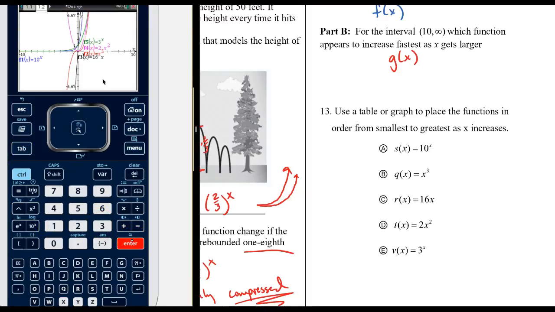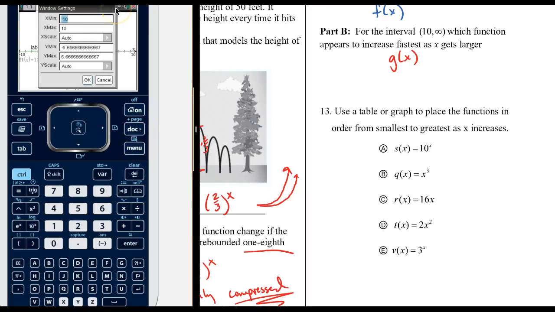And those are really difficult to see, so I'm actually going to change my window a little bit here. Menu, window settings. So for my x, I just want to know what happens when x increases. So I'm going to start at 0.